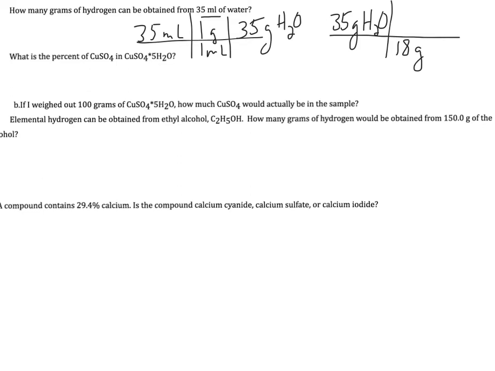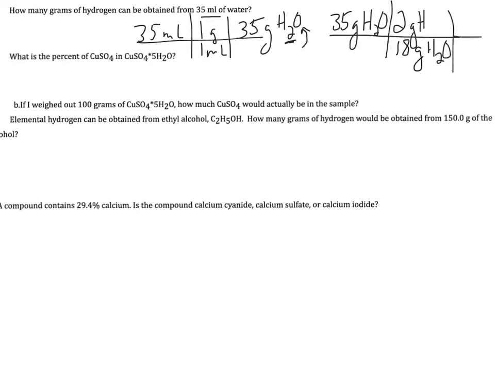And that 18 grams is coming from the 2 hydrogen, 1 each of those, and then 16 from the oxygen. And so the total mass is 18. Of that 18, as I mentioned before, 2 grams is hydrogen. So we have 2 grams of hydrogen for every 18 grams of H2O.